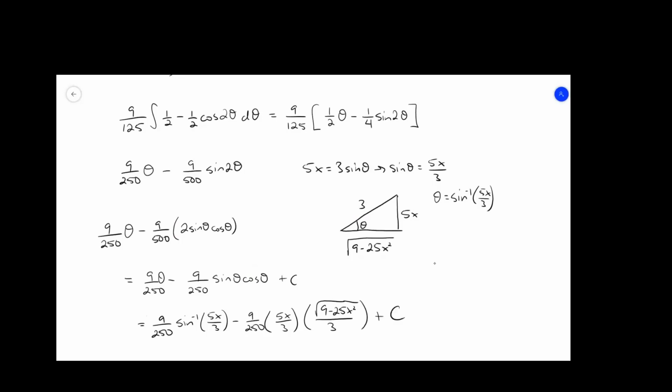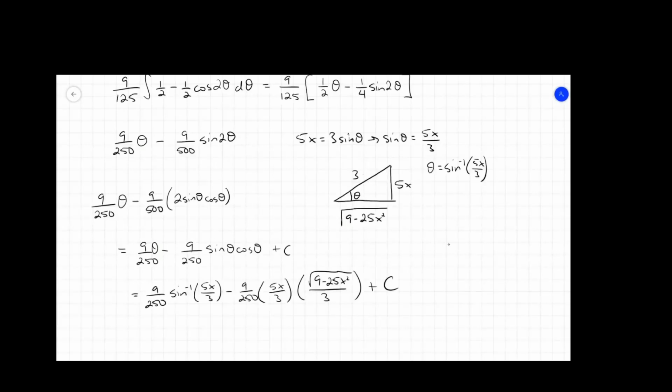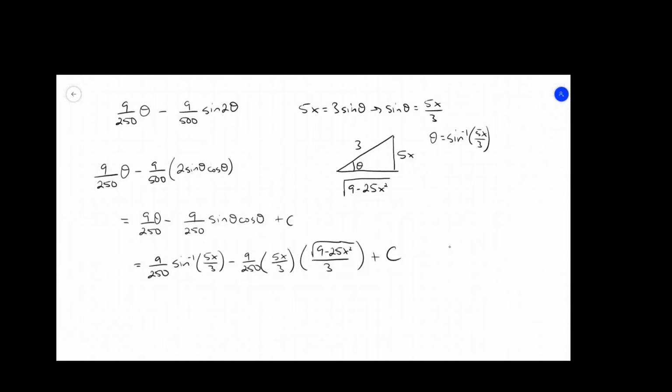Final simplification here, and we'll be done with this crazy problem. The 9 will cancel with both those 3's here. The 5 and the 250 can cancel. And what is that? 50, I guess, will be left there.